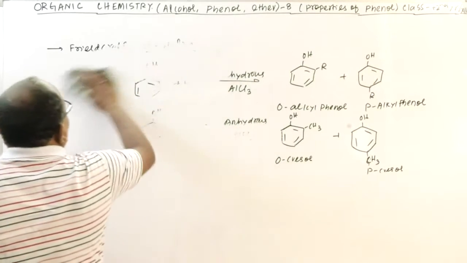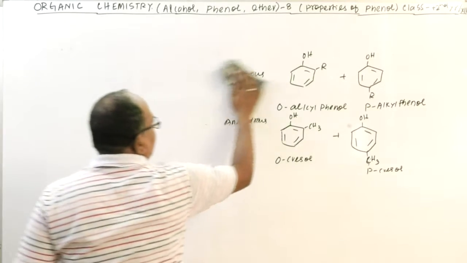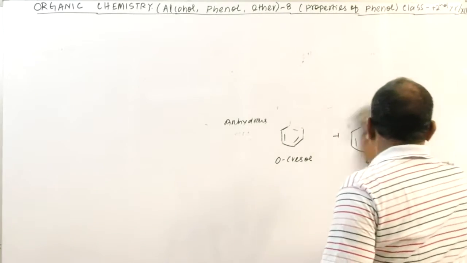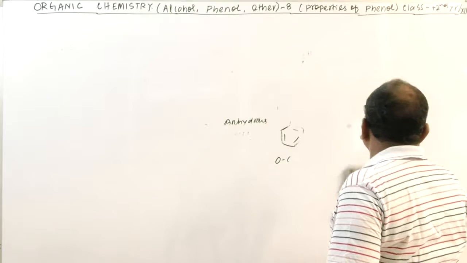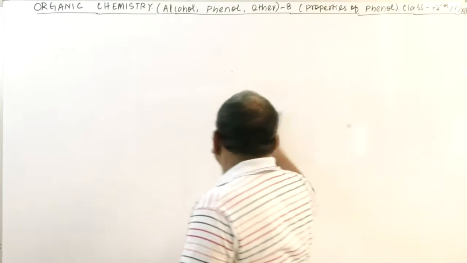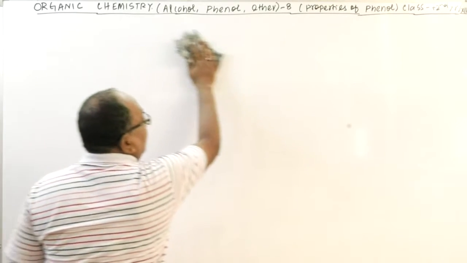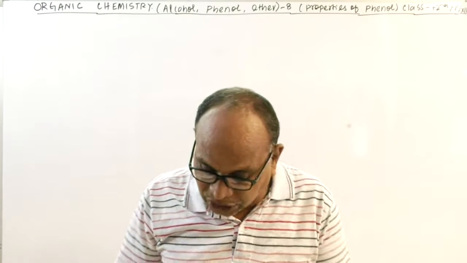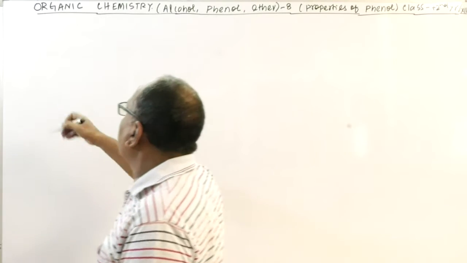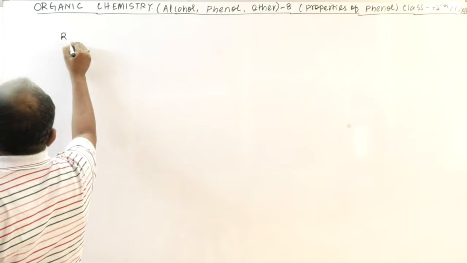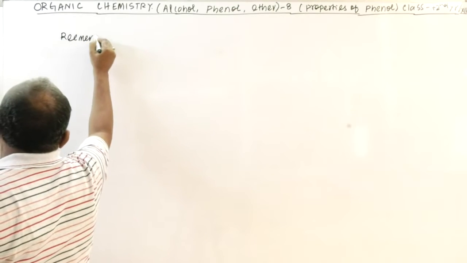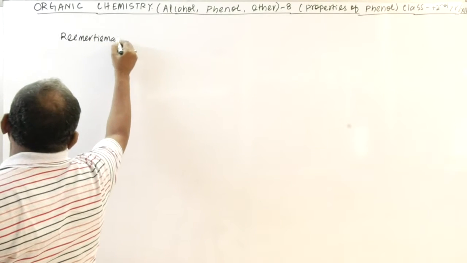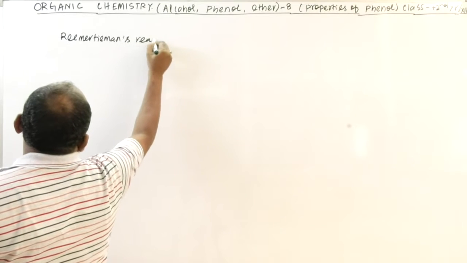Next comes another very important reaction for CHSE students, not only CHSE students but also CBSE students. After the Friedel-Crafts alkylation, another is called the Reimer-Tiemann reaction.